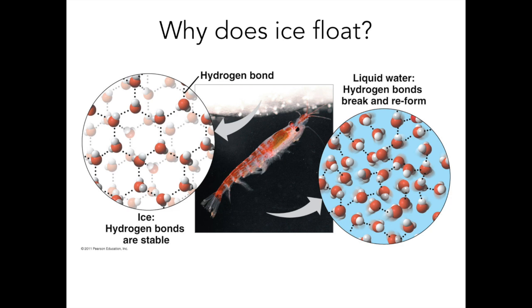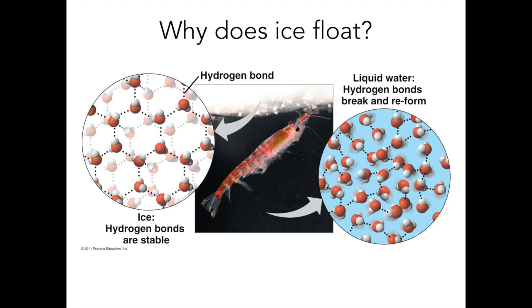Why does it float? Again, it all goes back to hydrogen bonds. When water is in the liquid form, the hydrogen bonds are forming and reforming as the water molecules bump into each other. They stick a little bit, and they move on. But when water starts to form into ice, the hydrogen bonds start to stabilize at a fairly consistent distance from each other.